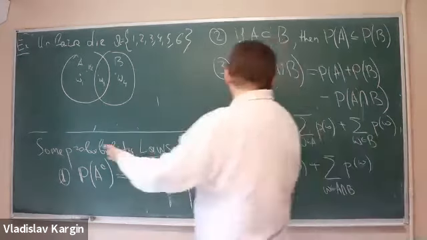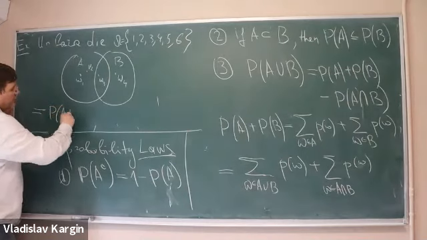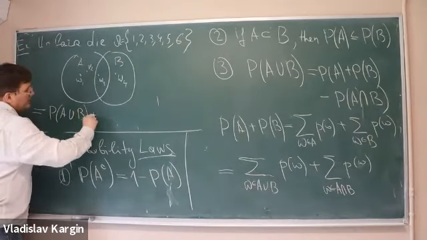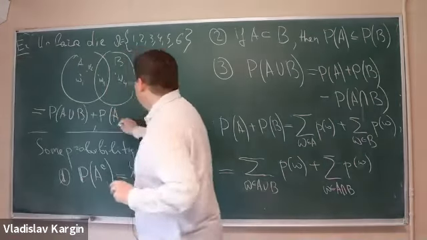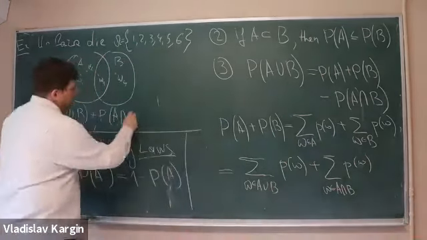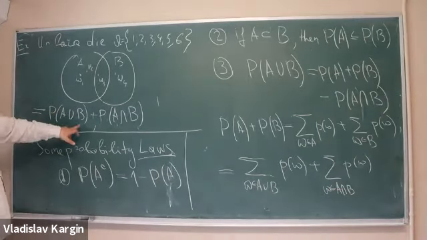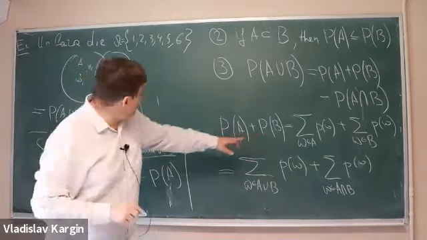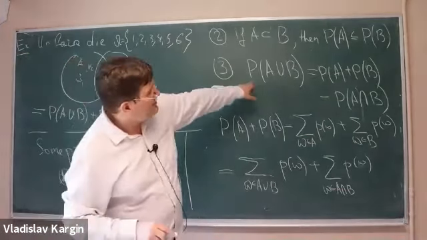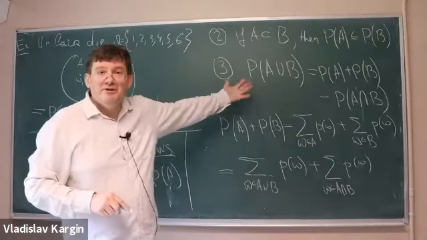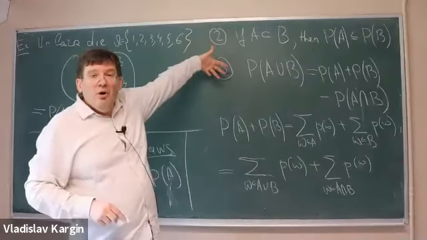It gives you that this is equal to the probability of A union B plus the probability of A intersect B. So if you look at this, the probability of A plus the probability of B equals the probability of the union plus the probability of the intersection, and compare this formula, you see that this is the same formula. So this is a proof of this third law.